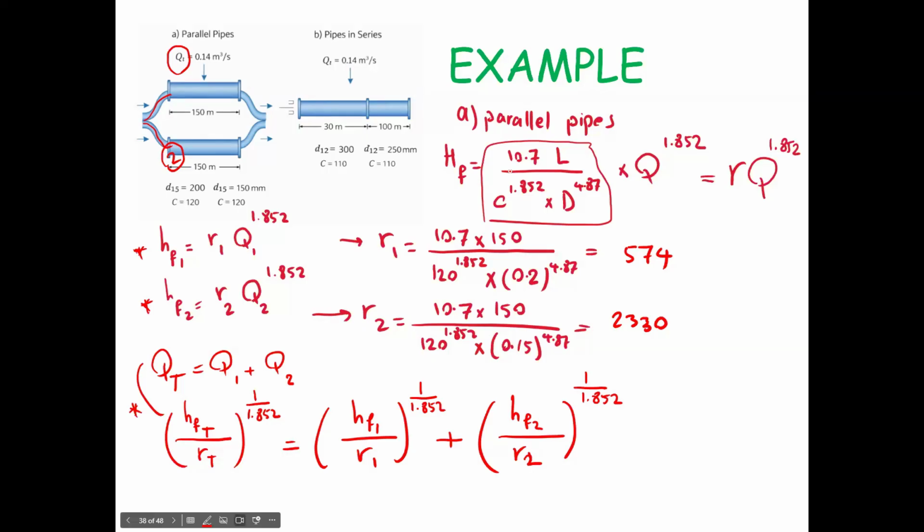Which parameter here could be canceled out from both sides of the equation? Power, you mean? You cannot do it based on math when you have something equal to something plus something.